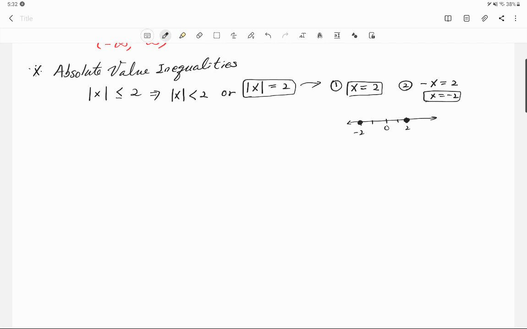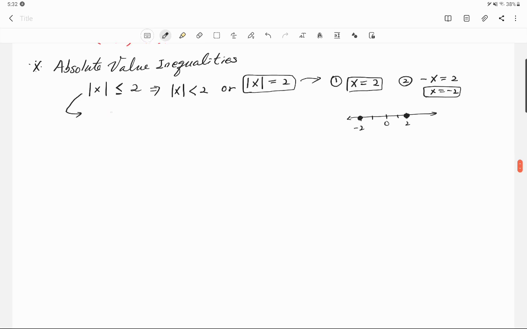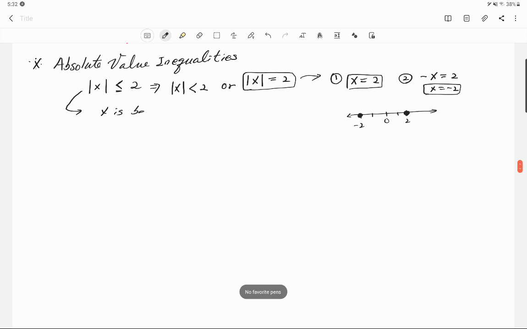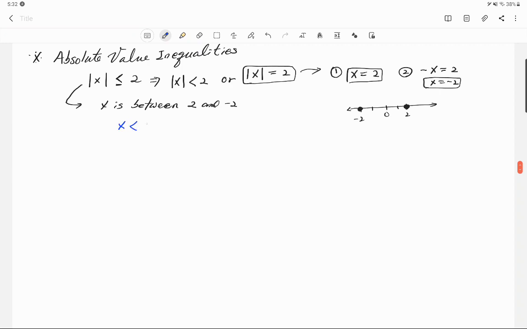But for absolute value inequalities, if the absolute value is less than, what does it mean? This means x is between 2 and negative 2.